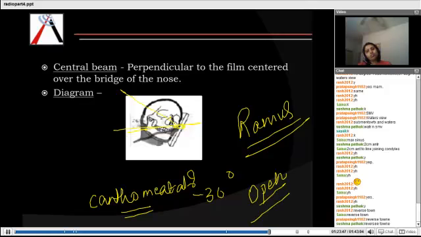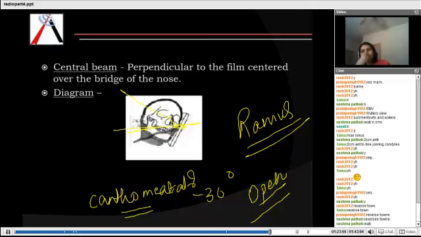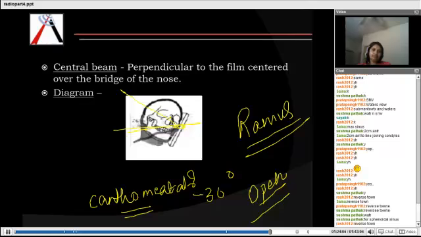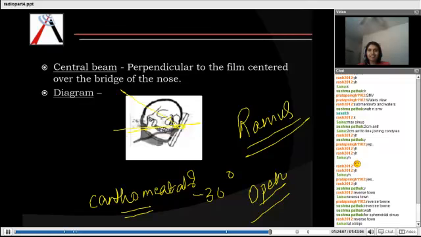There were two radiographs wherein we were opening the mouth with two different purposes. What did we open it for? For the sphenoidal sinus, yes, Sushma.